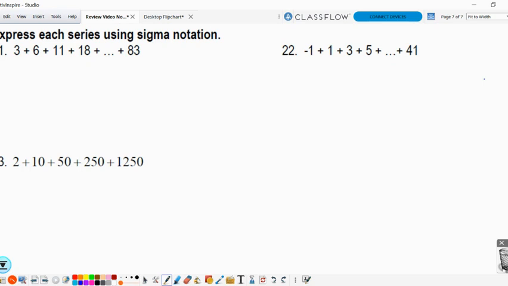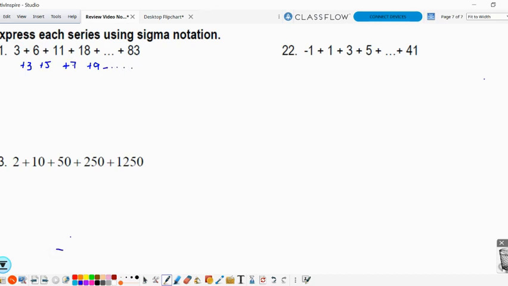So as we're looking at the series in 21, there is no common difference. First we add 3, then we add 5, then we add 7. So it's not strictly arithmetic. There is not a common ratio from 3 to 6 and 6 to 11. So we're looking at this pattern where we're adding 3, and then 5, and then 7, and then we'd add 9, and so on and so forth.